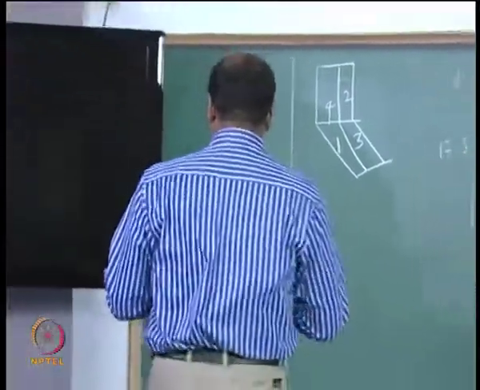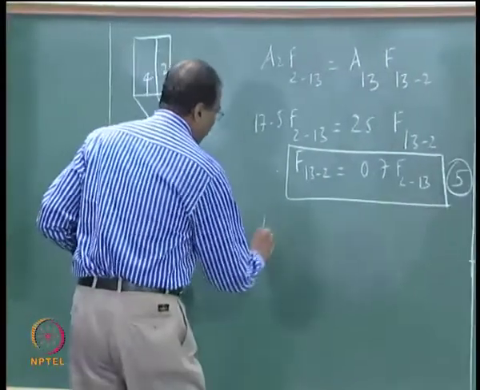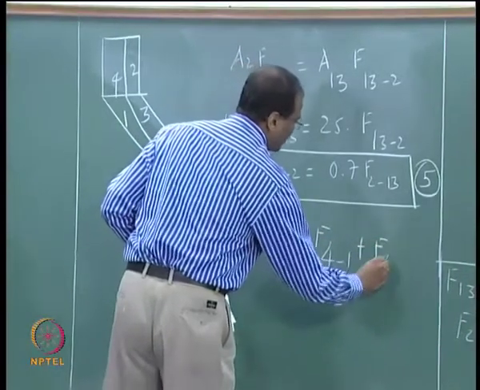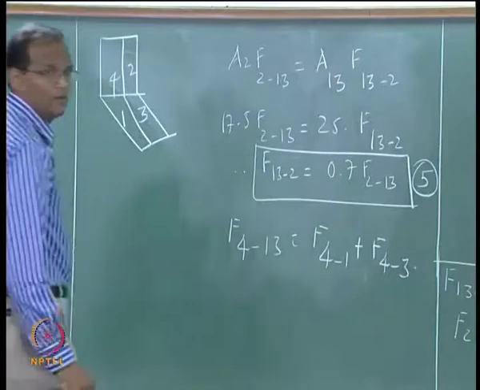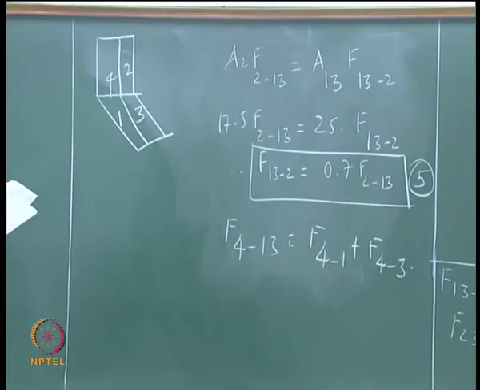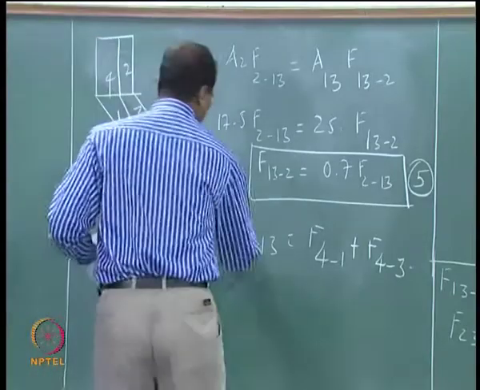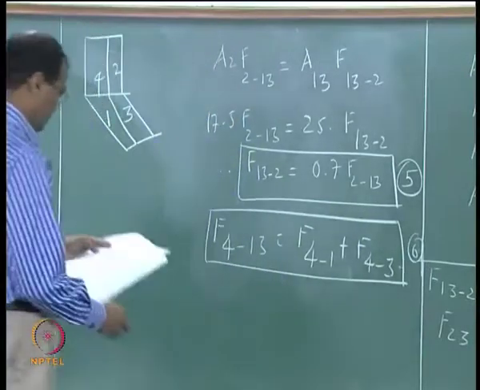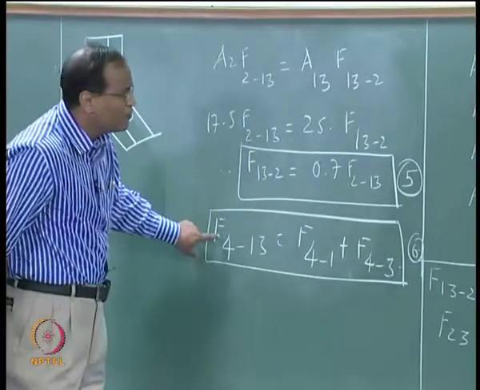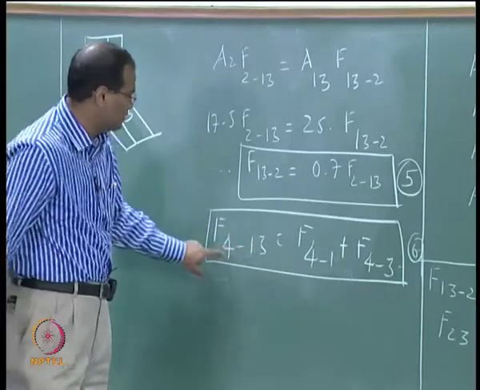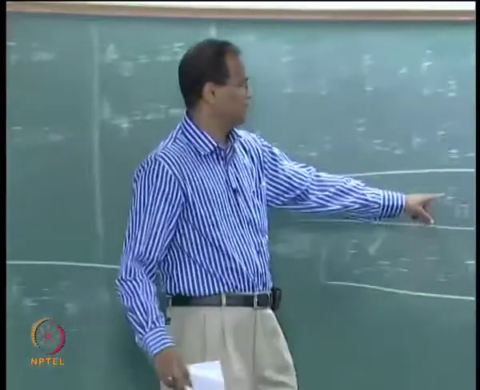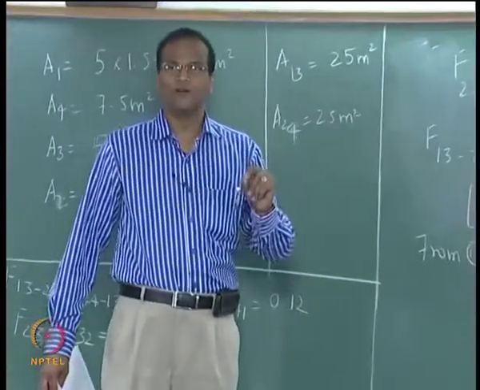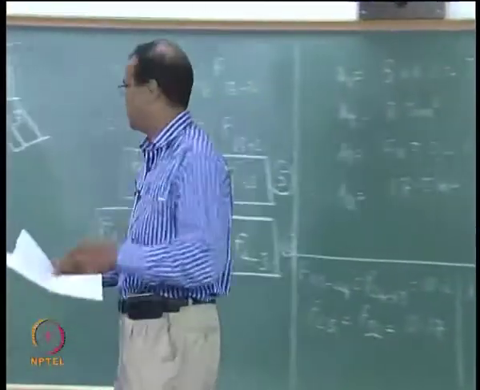Okay. Now F41 to 3 is equal to F4 to 1 plus F4 to 3, correct? And this is 6. As far as F4 to 13 is concerned, I am having F13 to 4 here, and the relationship between F13 to 4 and F4 to 13 is so straightforward, reciprocal rule. Okay.